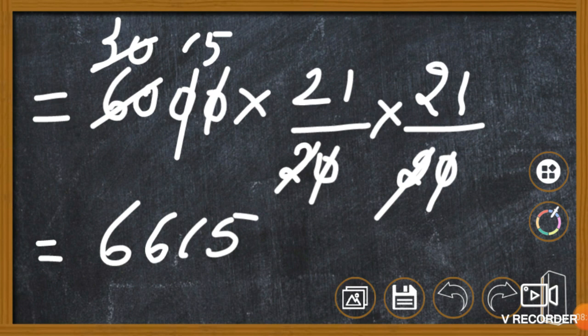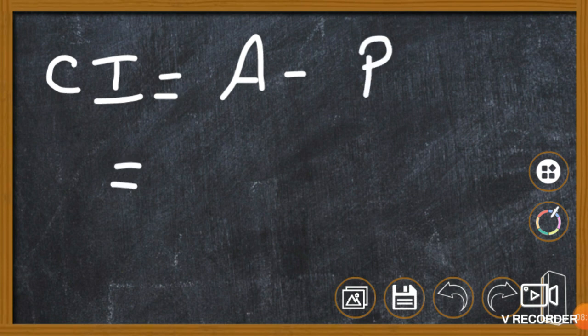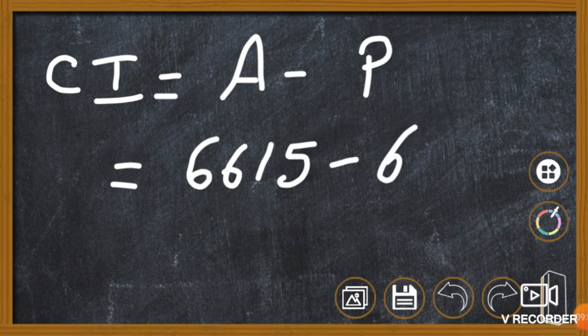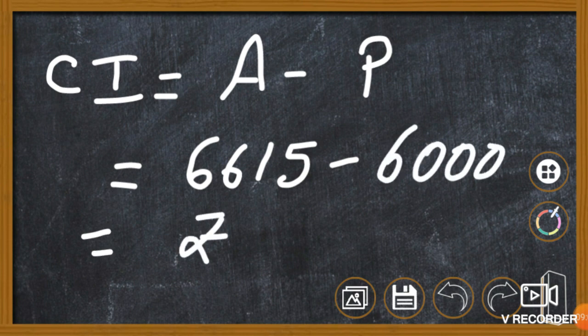Let us calculate the compound interest. Compound interest is equal to amount minus P, 6615 minus 6000, that is equal to rupees 615. By this, we have completed the solution for question number 6.